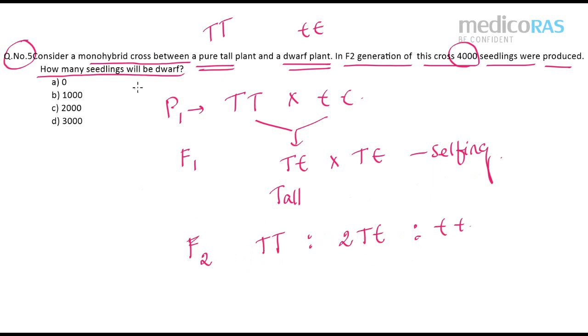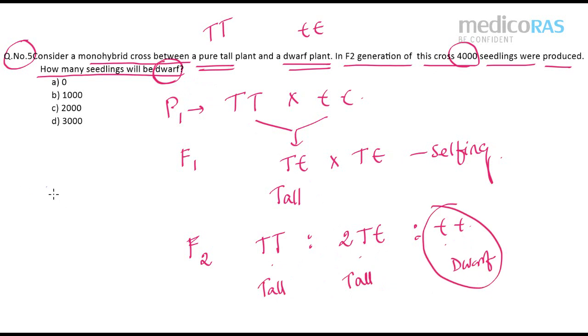They are asking how many seedlings will show the dwarf trait. We can see here this is tall and this one is also tall, heterozygous tall of course, and this is dwarf. That means out of 4 progeny, how many are showing the dwarf trait? Only 1. That means I can write 1 by 4 is dwarf.